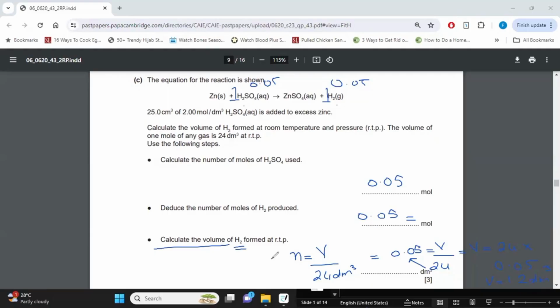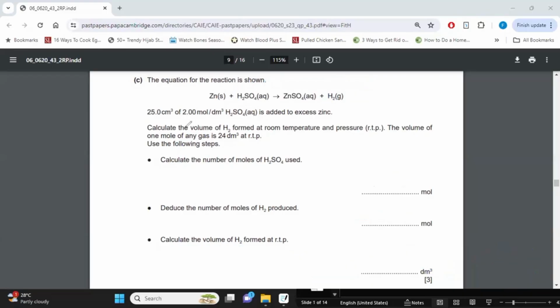Clear now? Anybody has any confusion? Is it making sense now? Miss, can you just explain the part when you deduce the number of moles? Right. Okay. So when you're talking about the number of moles, in fact, give me 1 second. Let me open up a question in which the mole ratio is slightly different and it'll make more sense.